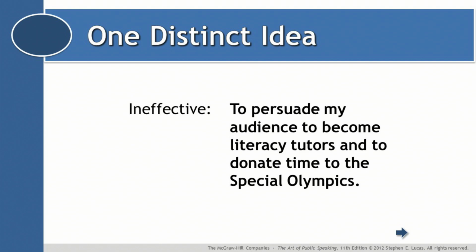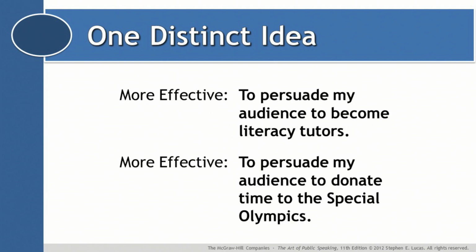So we need to go ahead and rethink, rewrite this to one distinct idea. What we need to do is choose one or the other. So first, we're going to take a look at to persuade my audience to become literacy tutors, and that'll be our presentation from then on. Or we will take on the second portion, to persuade my audience to donate time to Special Olympics.